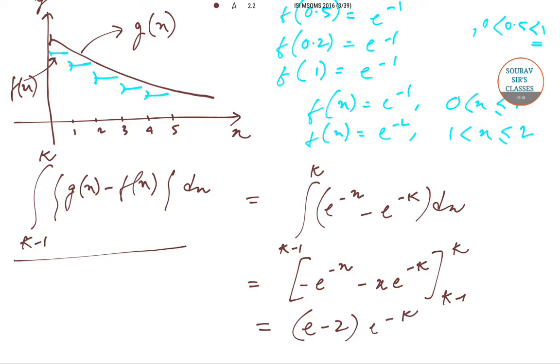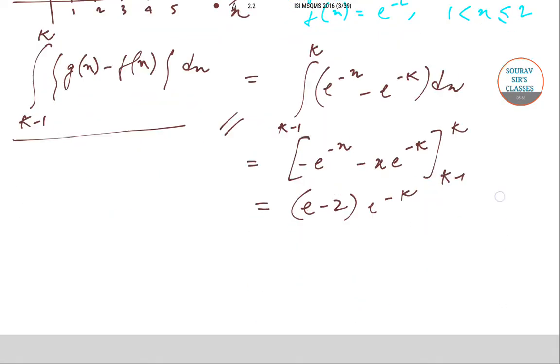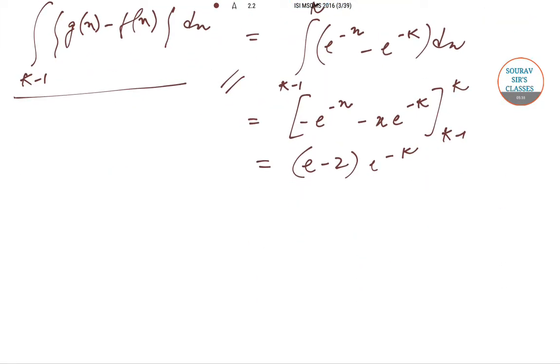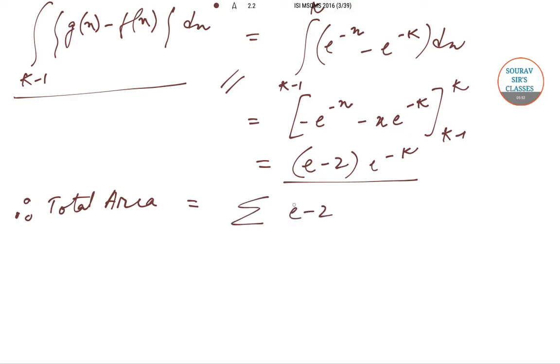But we know that k goes from 1 to infinity, so in that case we have to take the summation of this value from k equal to 1 to k equal to infinity to find out the total area under the curve. Therefore total area is equal to summation of e minus 2 into e to the power minus k, where k goes from 1 to infinity.